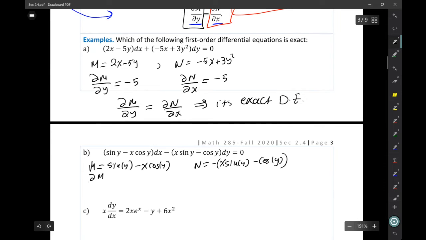Now dM by dy is equal to what? Cosine y minus, what's the derivative of cosine? Minus sine, and minus becomes plus x sine y.